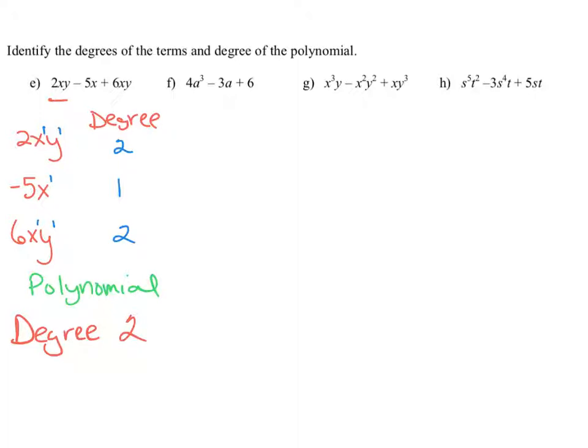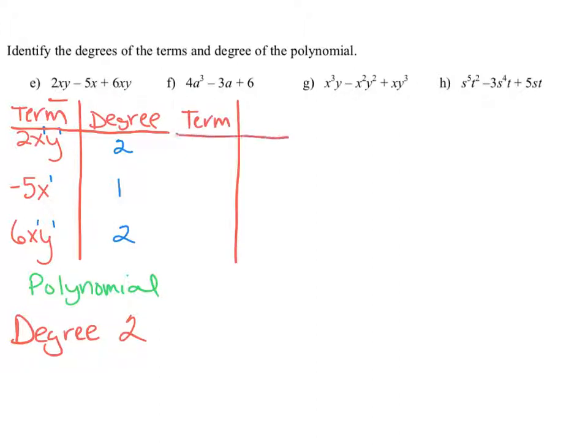Let's look at the second example. We're going to look at 4a to the 3rd. That's our first term. Again, we're looking at the term and the degree. Maybe it's easier to make it as a table. So our first term is 4a to the third, and then we're looking at the degree.